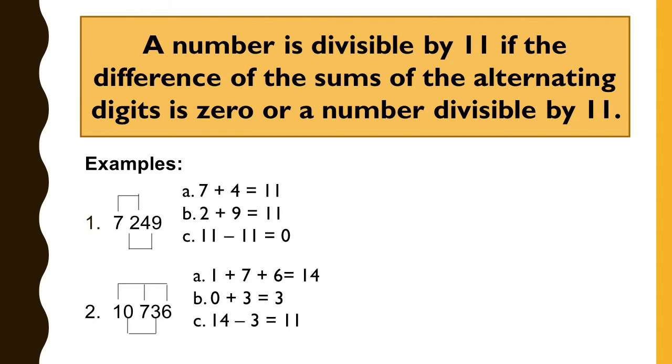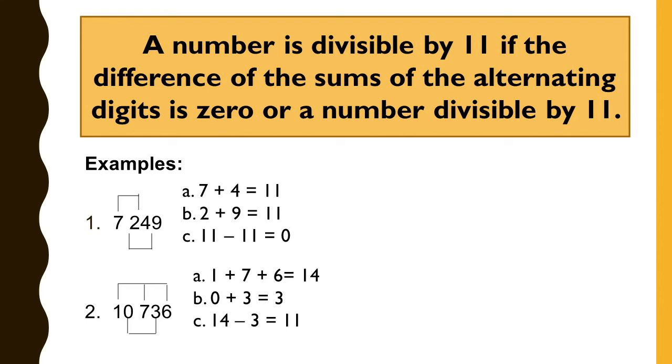A number is divisible by 11 if the difference of the sums of the alternating digits is 0 or a number divisible by 11. For example, 7,249. Add the alternating digits. 7 plus 4 is equal to 11. 2 plus 9 is equal to 11.